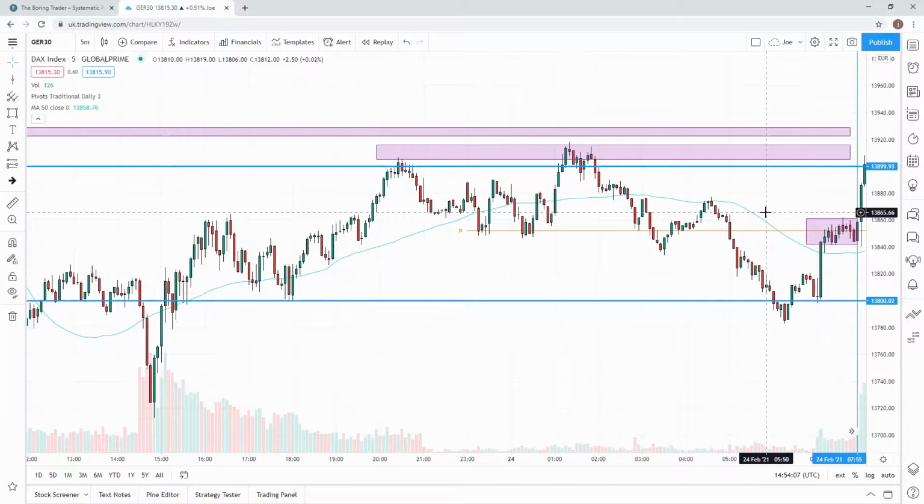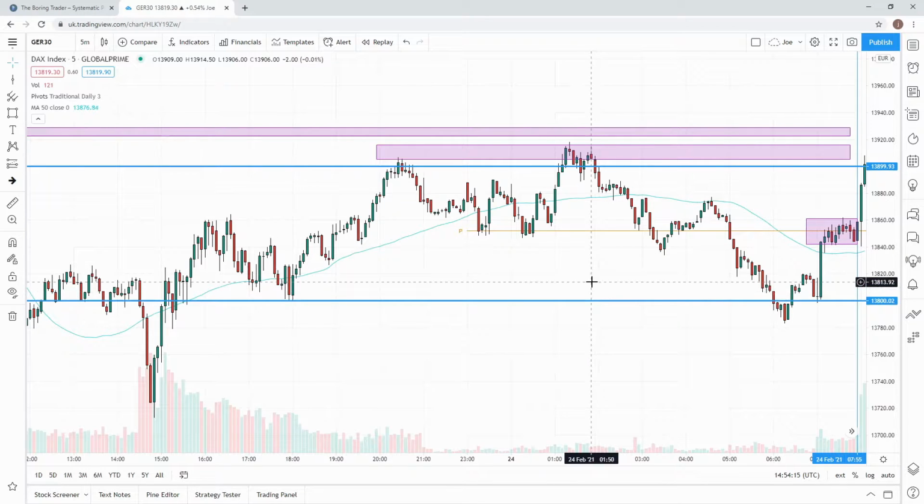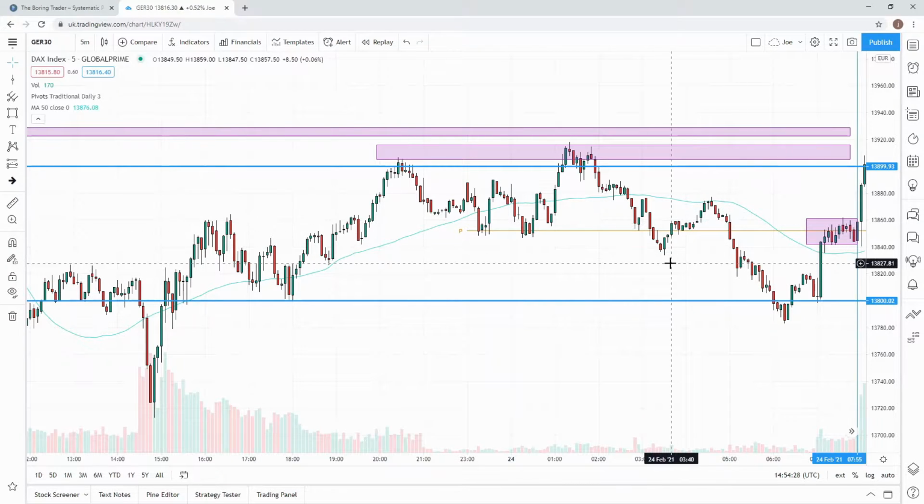If you entered very, very early, you'd have been right, but it was a very, very risky thing to do. Now I know that the bulls are in control, and it's up to the bears to show their hands. Are they going to push the market down? How much are they going to push the market down? How much are the bulls reacting to that? The next bar will probably tell us something.